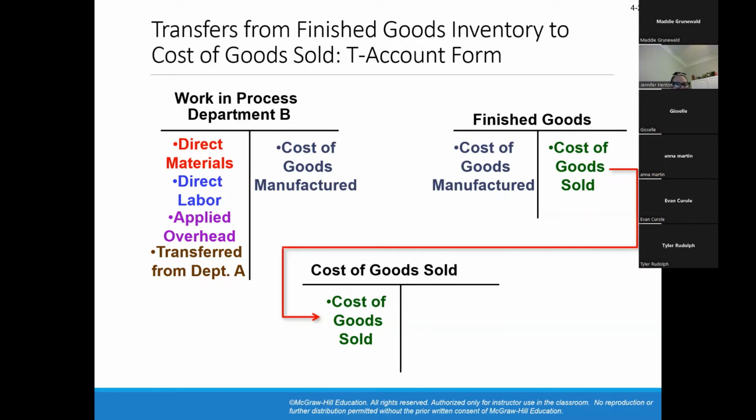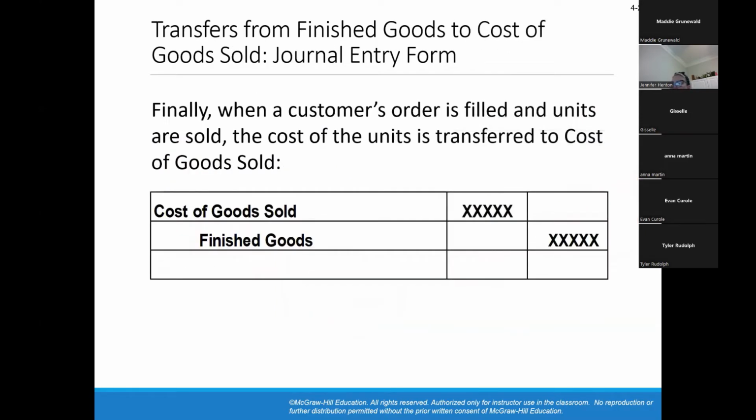So now I'm going to take that finished good and sell it, and all of my costs that went into that finished good now come out and go into my cost of goods sold account. So the number that's associated with that is not my sales number, it's the number from my cost side. All my costs that went into this finished good, that's what we're looking at right now. So I'm pulling it out of the finished good account and putting it into cost of goods sold.